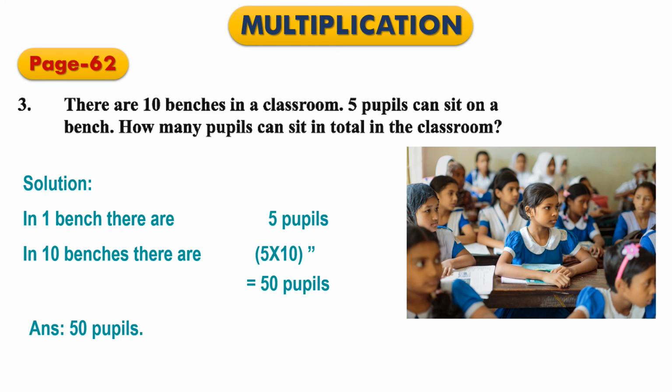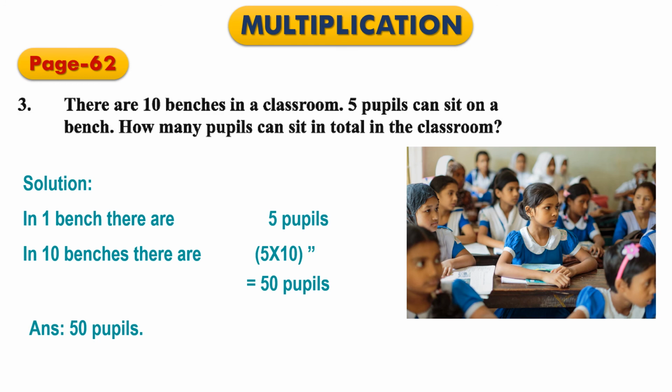Let me tell you once again, the question says in a classroom there are 10 benches, and on each of the benches 5 pupils can sit. So we need to find out how many students there are in the classroom. That's why we have started with one bench. In one bench there are 5 pupils.